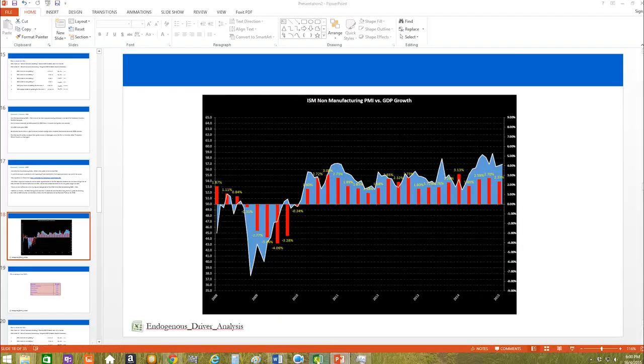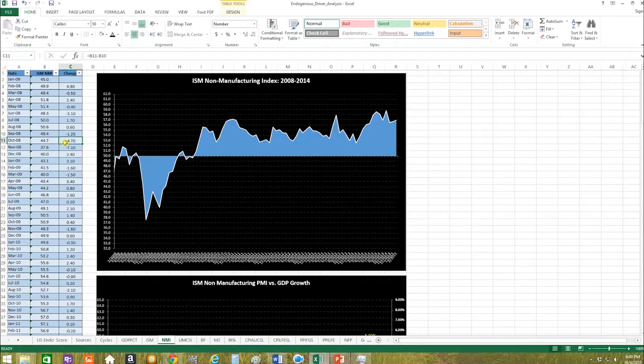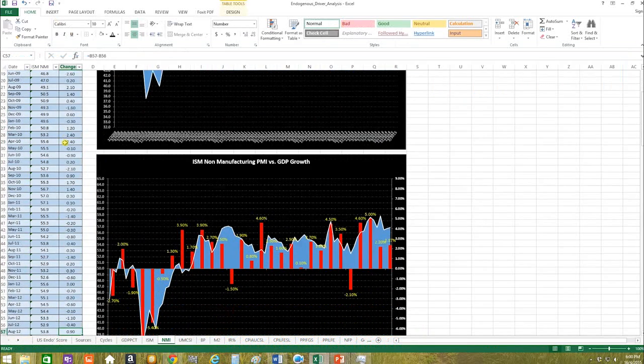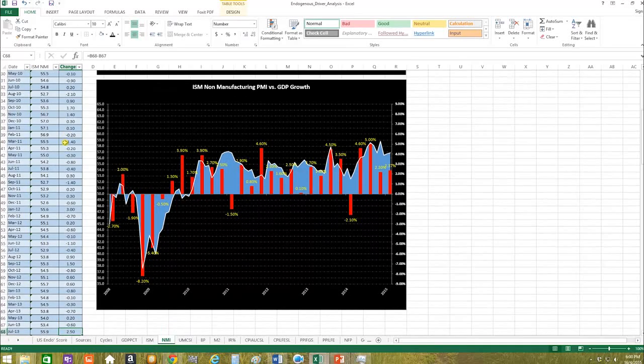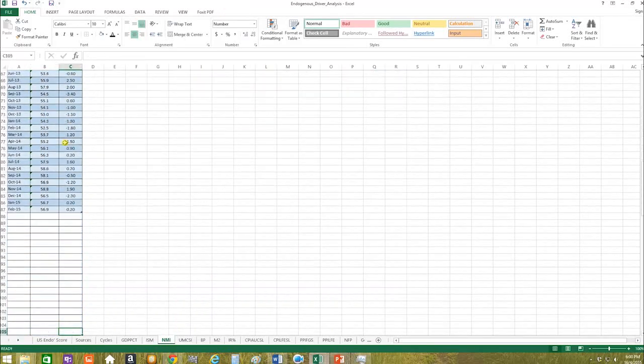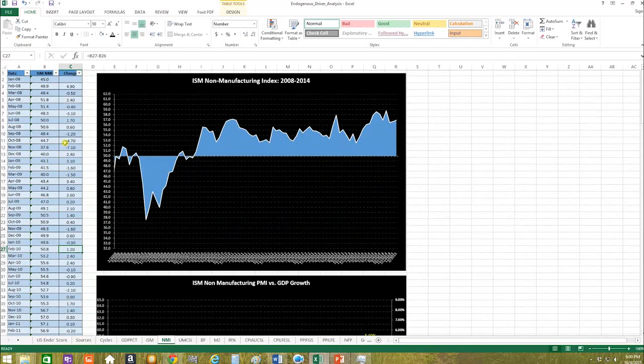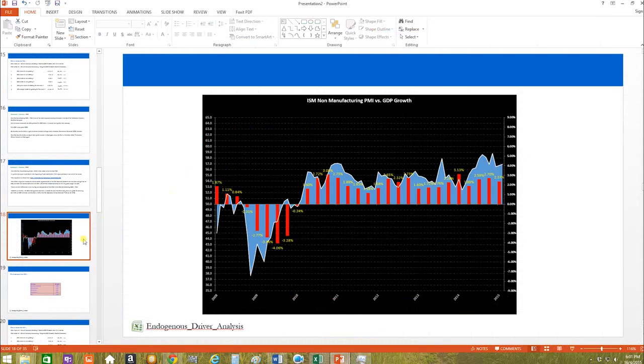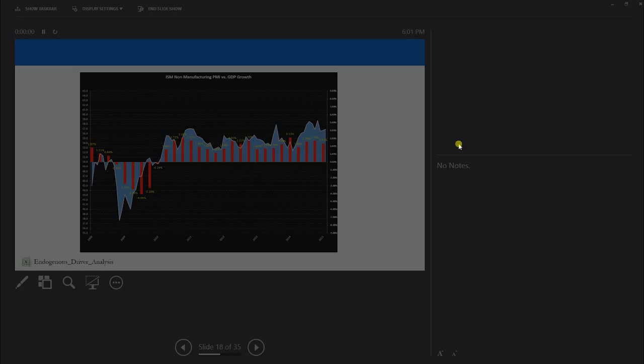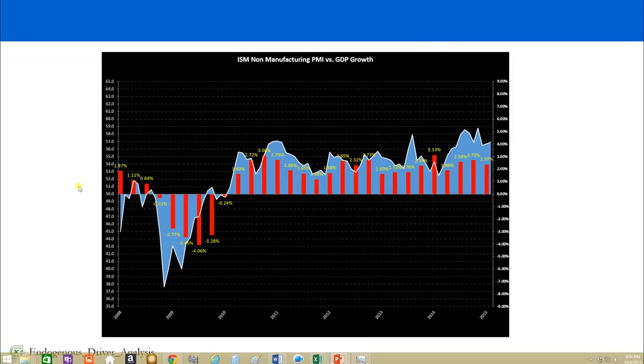Now what we can do is go over to the spreadsheet. We've built this in exactly the same way as we built the ISM, but the data only goes back to January 2008. So familiarize yourself with the data and make sure you go through it.